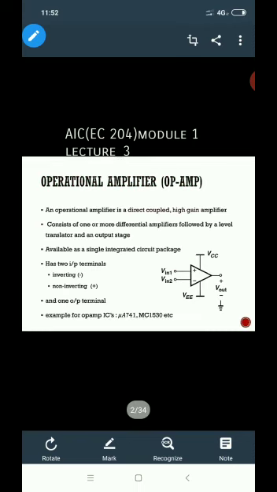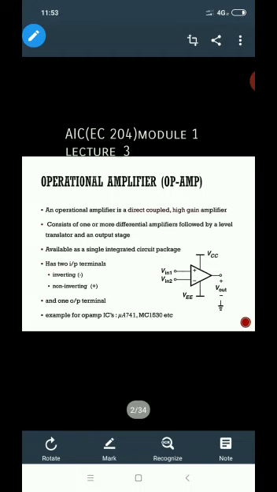Operational amplifier, op-amp, is a direct coupled, very high gain differential amplifier, or an amplifier which consists of one or more differential amplifiers followed by a level translator and an output stage.